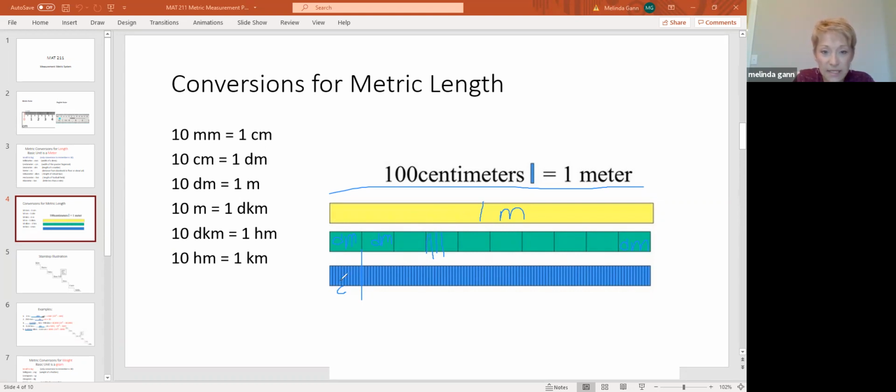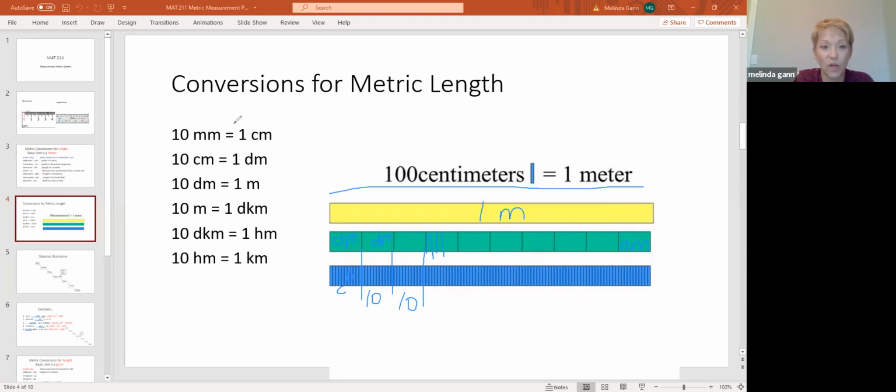So do you see there'd be 10 of those in that? If I did it again, I'd get 10 more little pieces. If I cut it again, I'd get 10 more little pieces. So do you understand that inside of each of these 10 would be 10? So there'd be 100 of these in one of those.